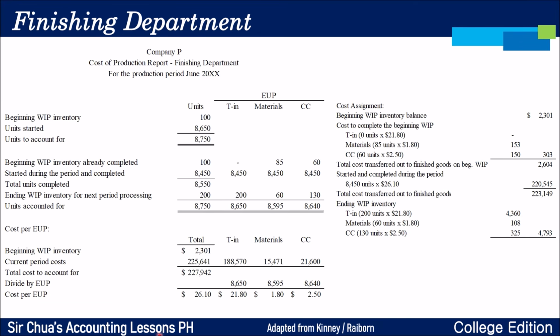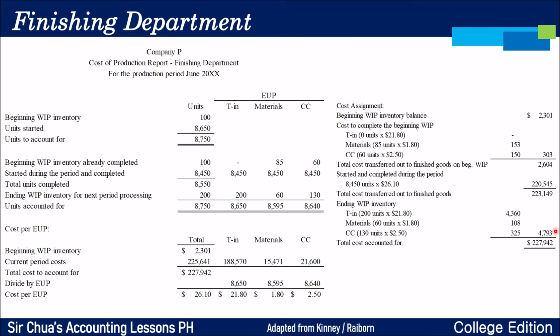4,793. I-check natin kung properly na-account ba natin yung 227,942. So, pag pinag-add nyo lahat yan, dapat lalabas yung accounted for cost natin na 227,942. How much is the cost of ending work in process inventory in the finishing department? Ito po yung sagot, 4,793.